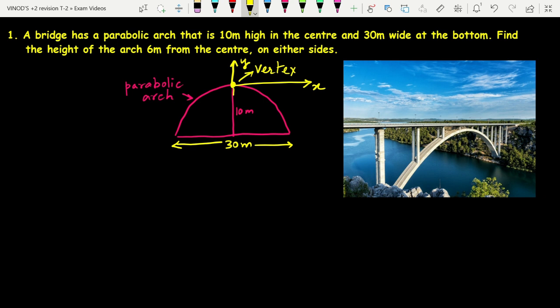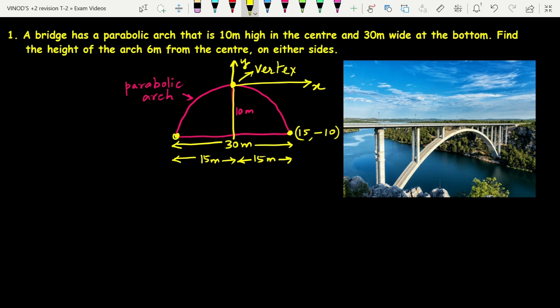The y-axis divides the parabola into two equal halves, so on the left side you will have 15 meters and on the right side it is 15 meters. So the point here on the arch is (15, -10). Why are we writing minus 10? Because the point lies below the x-axis. You have to come down, and the downwards direction is indicated by a negative sign.